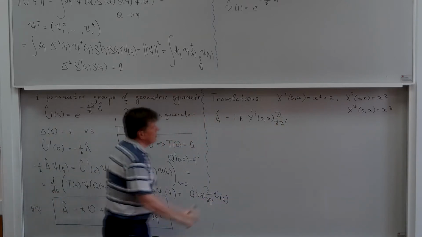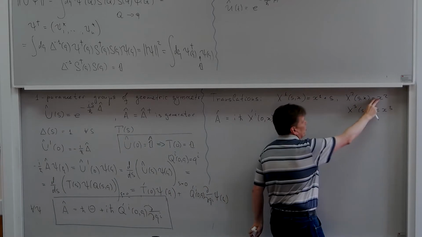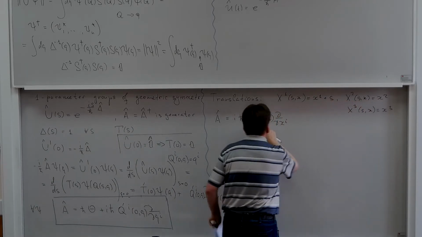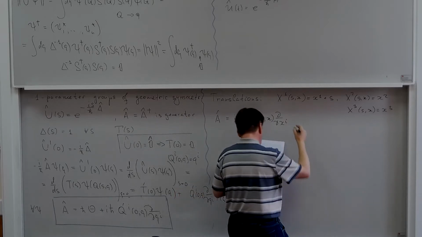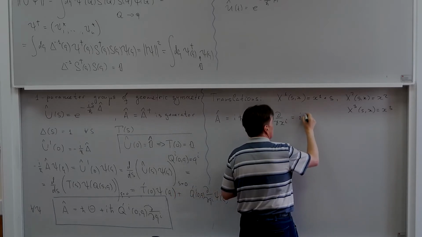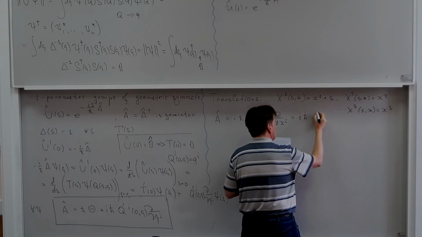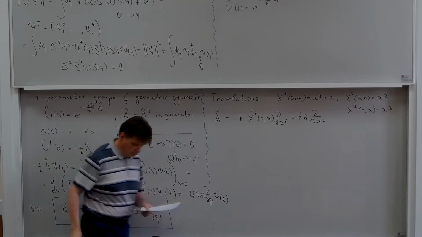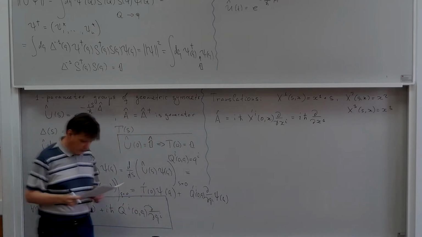So differentiating these expressions, that is X capital with respect to s, I get just 1, so this gives i h bar d/dx1.